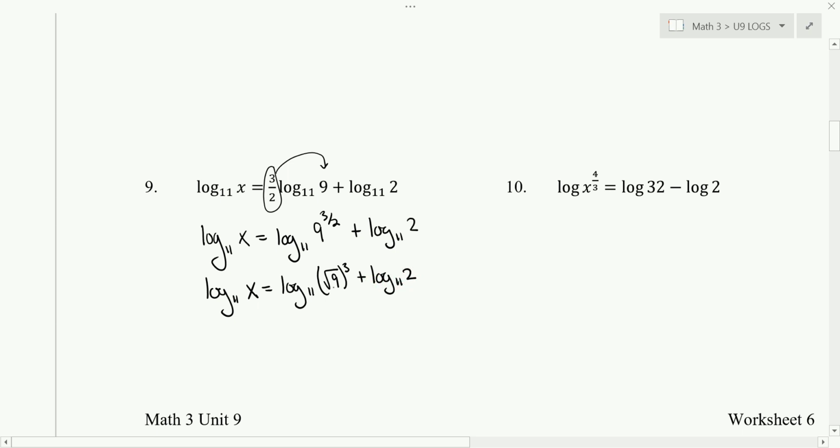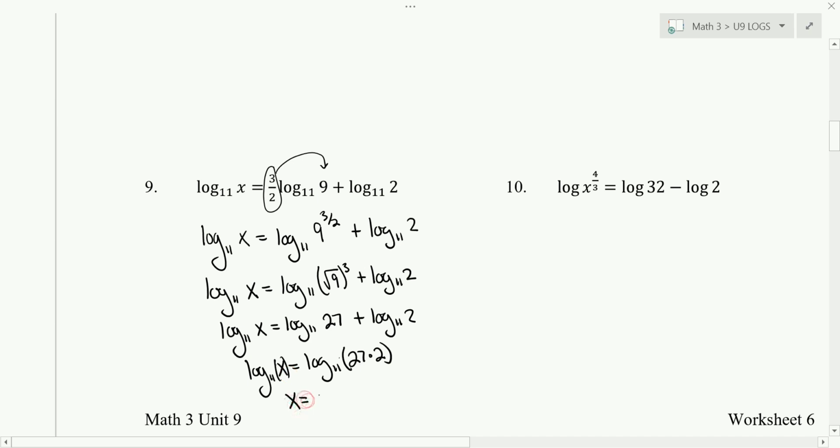And the square root of 9 is 3, so this is 3 cubed, which is 27. And now we could use the product property, multiply the 27 and the 2 together. And so x is equal to 54.